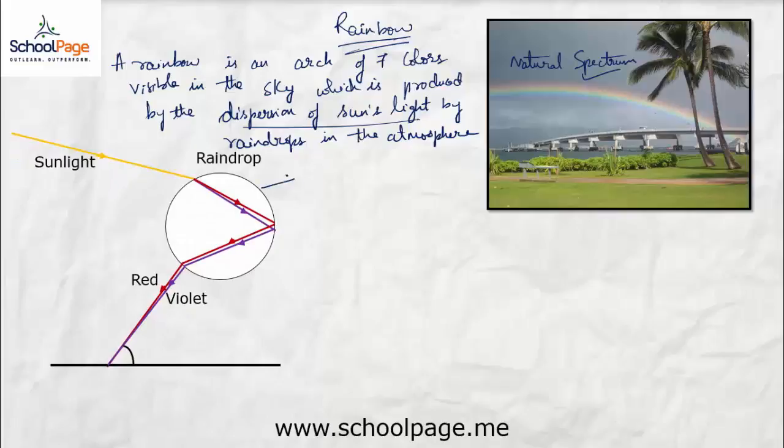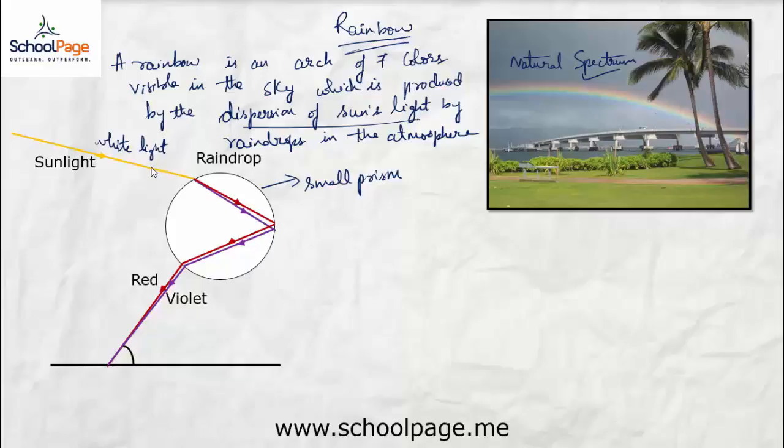So this is the raindrop. Raindrop in the atmosphere acts like a small prism. As the white light enters and leaves the raindrop, the various colored rays present in the white light are refracted by different amounts, due to which an arch of 7 colors called rainbow is formed in the sky. So what happens here?